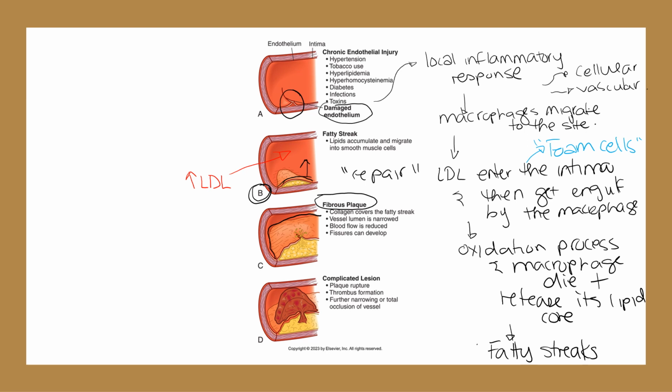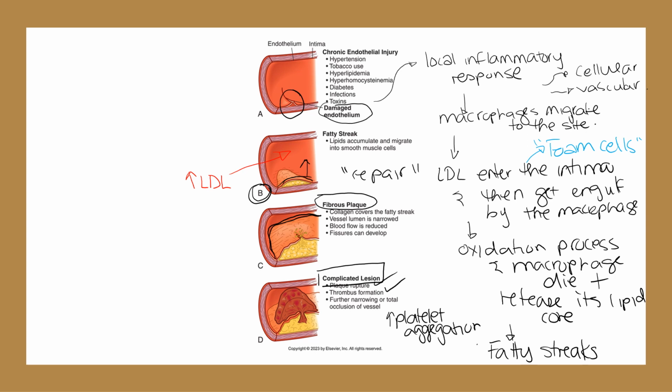But because we now have damage, an elevation in that endothelial lining, and the potential for plaque rupture, we're going to have an increase in platelet aggregation, activation of coagulation factors, all of those things occurring, and ultimately a thrombus is formed on top of the fibrous plaque, and we call this a complicated lesion.